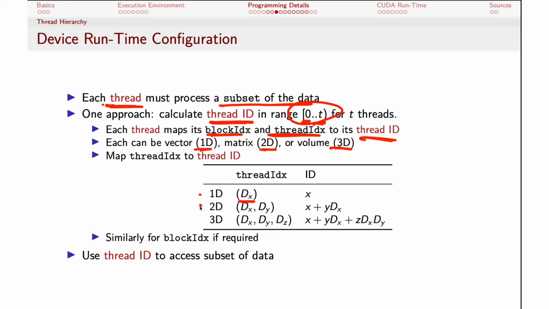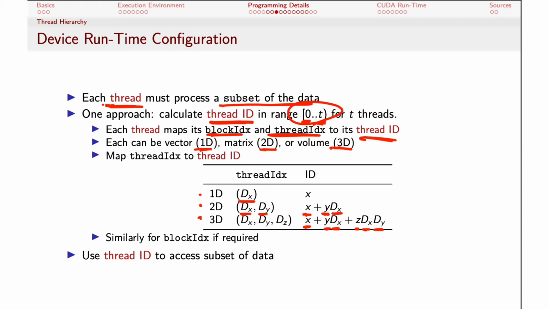If we have a 2D case, we want to use the x and the y values, and we can do that by taking the x value and adding to it y times the size of that y dimension. And if we want to do 3D, we can use all three of those values and take the x value plus the y value times the size of the x dimension plus the z value times the product of the x and the y dimensions.